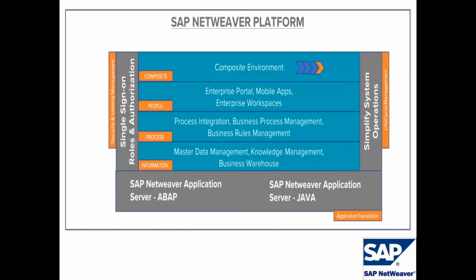First is FI, the finance department. Then the HR department, the production planning, and your material management. And the fifth one is the sales department.